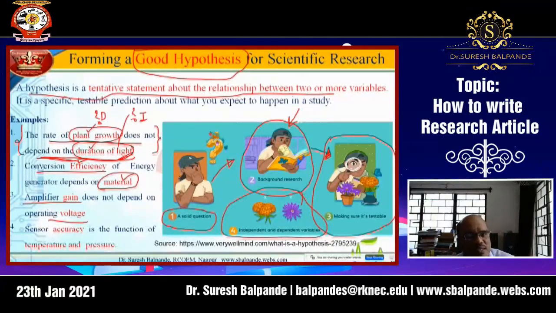So you have to set n number of dependent and independent variables, because in every research you have to do analysis, and in analysis, unless and until these variables are decided, your research work would be a theoretical kind of thing, which is generally done by the arts and commerce people.